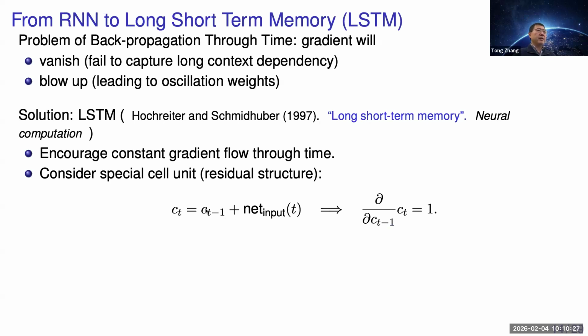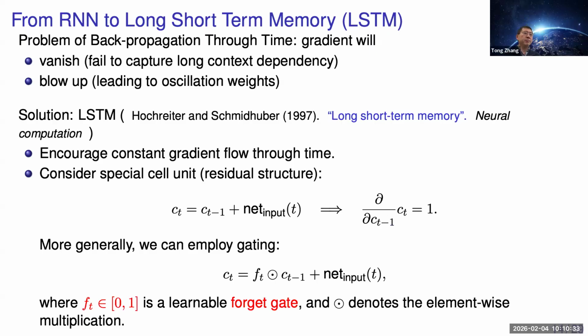If you have this cell, this one is the residual, but they do not use a residual. They use gating. Gating is also a very smart and highly used technique, even in modern designs for others like mixture of experts and so on.